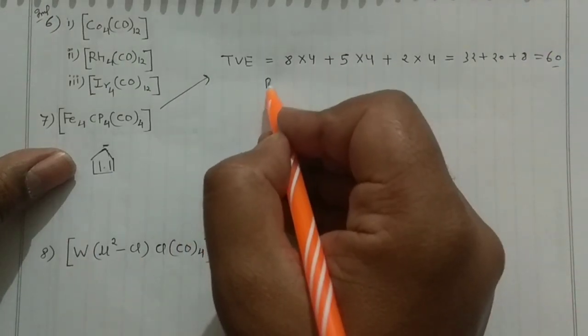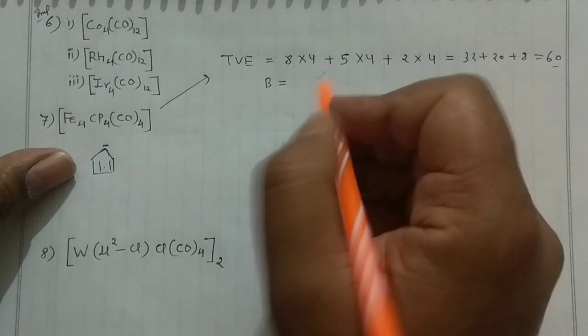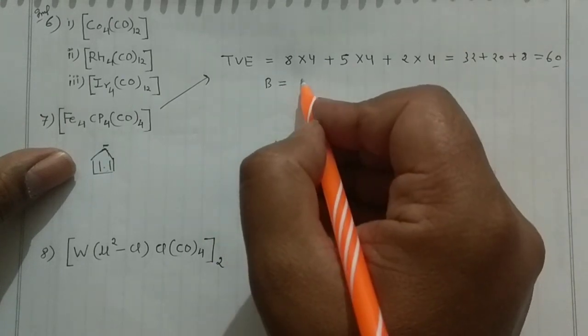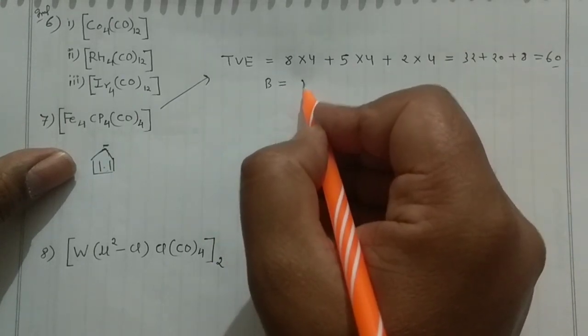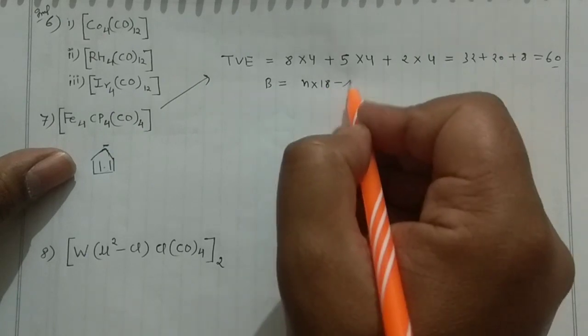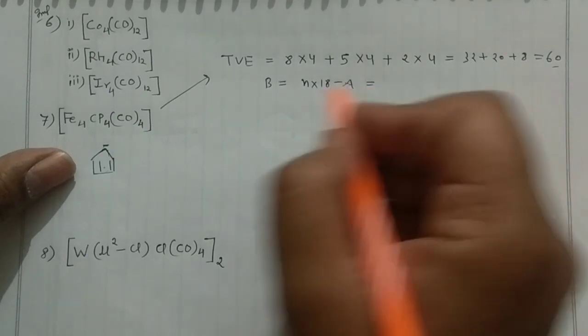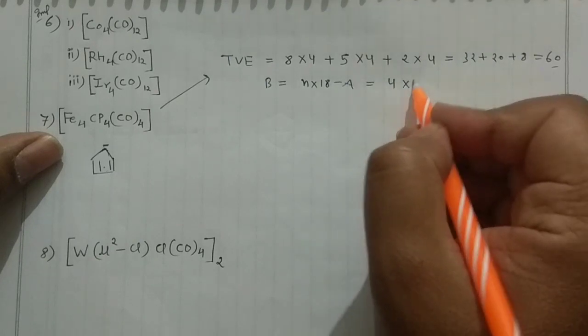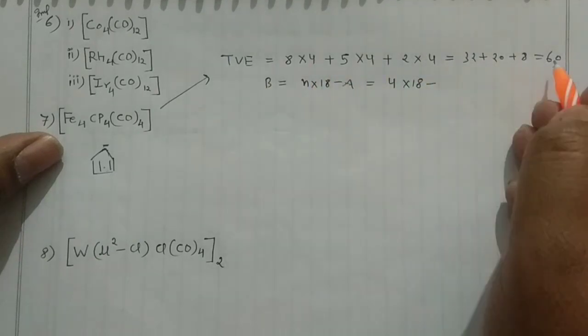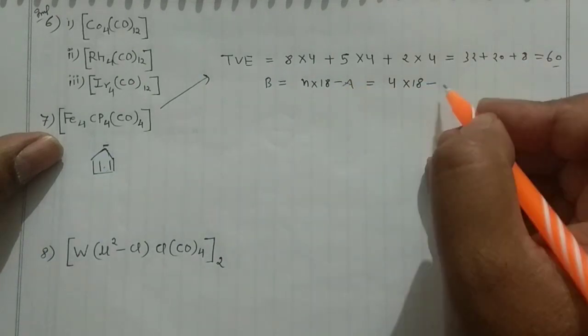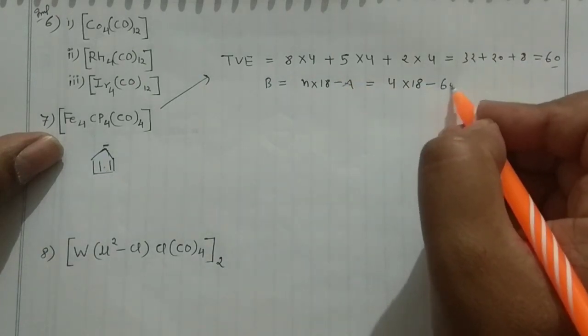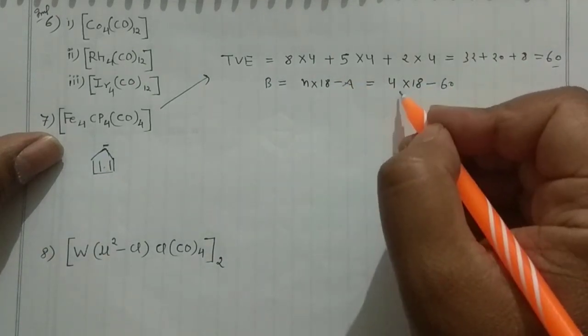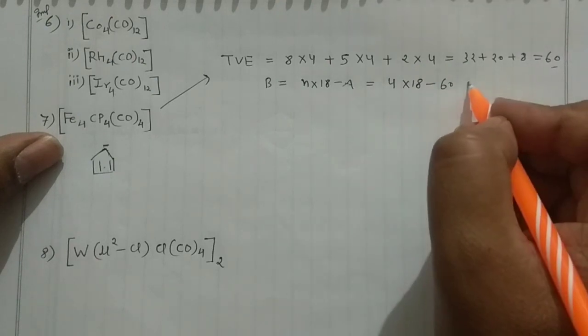Then you have to determine the value using the formula n into 18 minus a. N is the number of metals, 4 present. So 4 into 18 minus the total valence electrons, which is a, that is 60. 18 fours are 72, and 72 minus 60 gives 12.